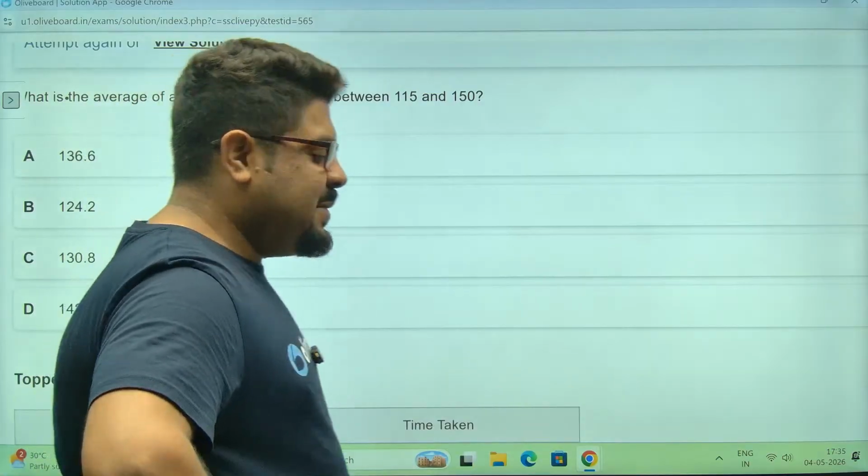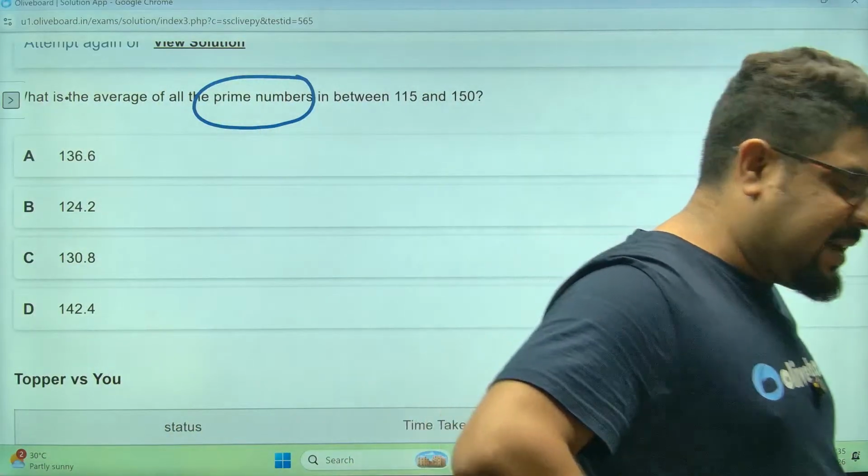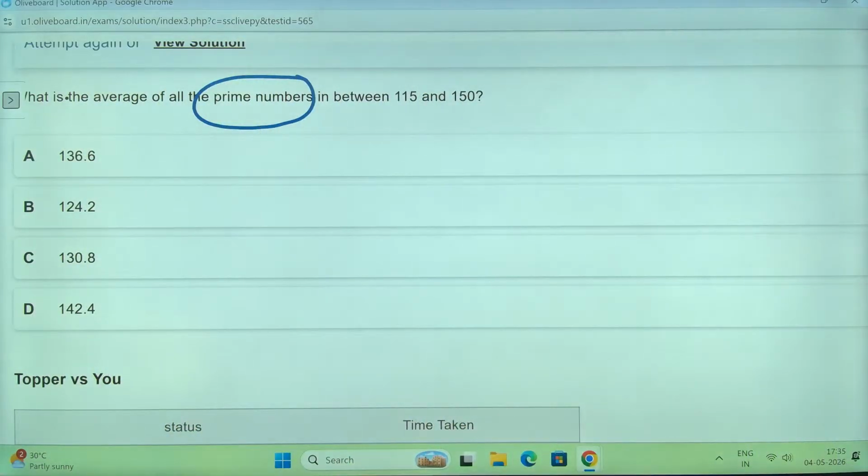First you tell me how many prime numbers you can see. You have to figure out manually. There is no way that you can get a direct answer.